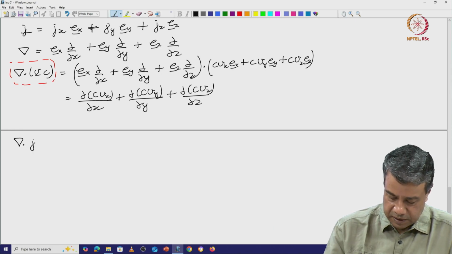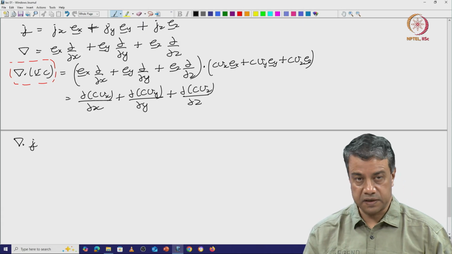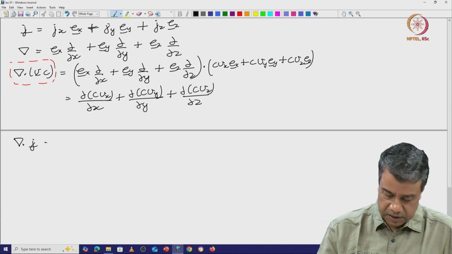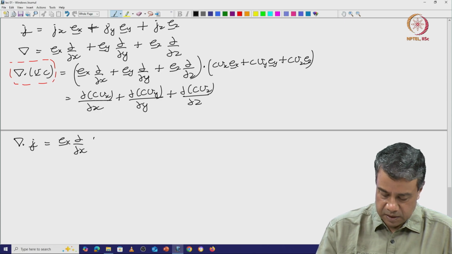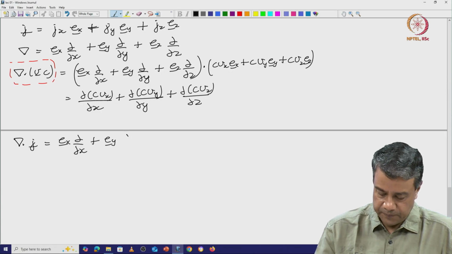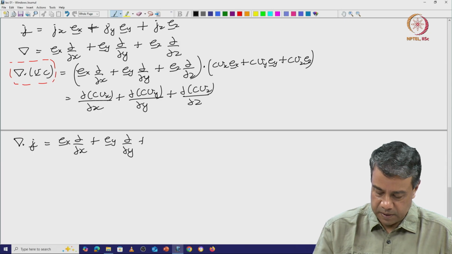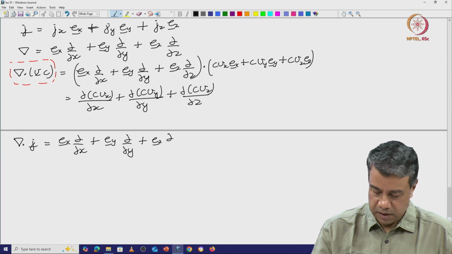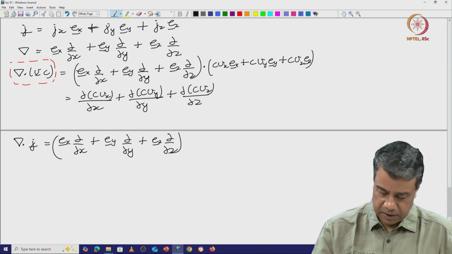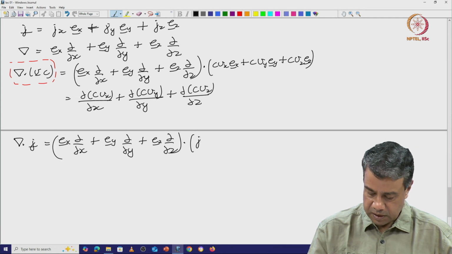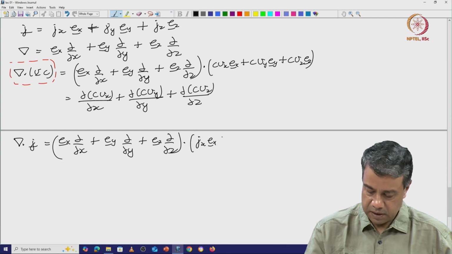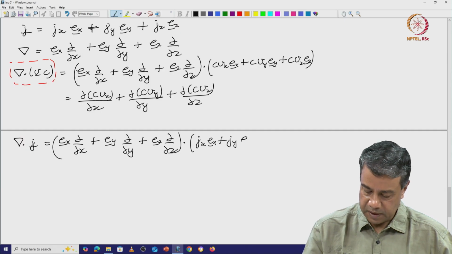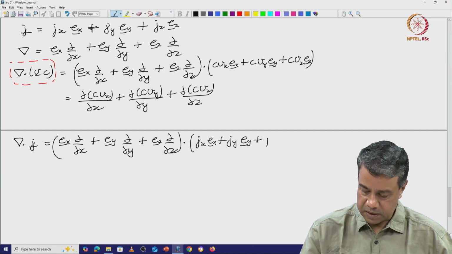Similarly, divergence of j, del dot j is called the divergence of j vector, is equal to Ex partial by partial x plus Ey d by dy plus Ez d by dz dotted with Jx Ex plus Jy Ey plus Jz Ez.